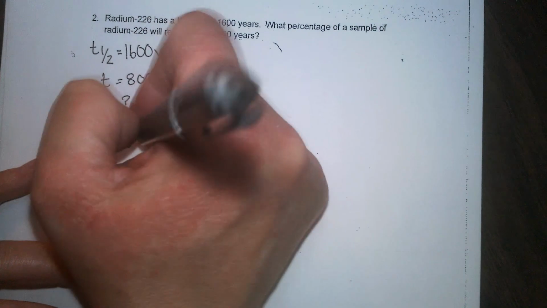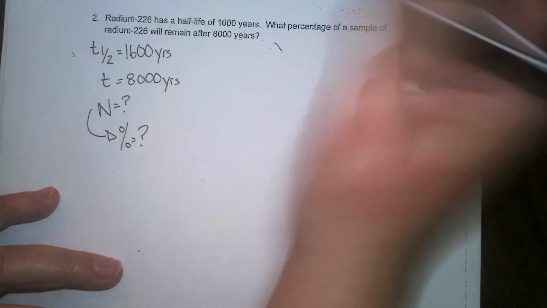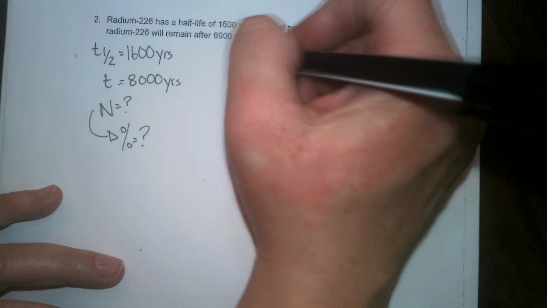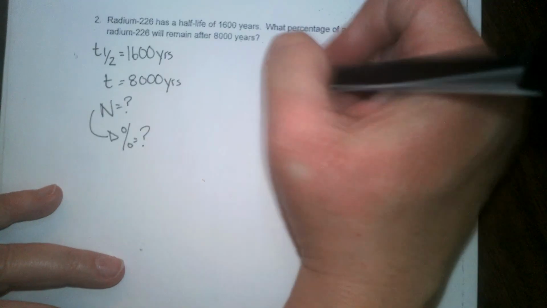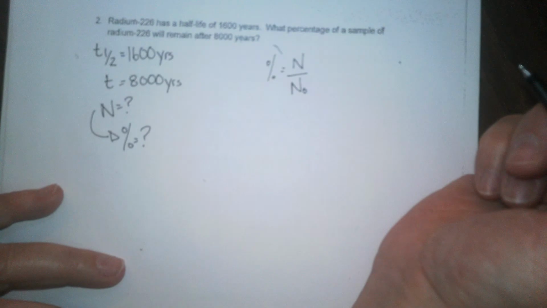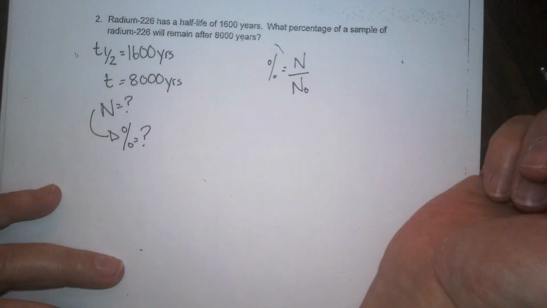So when we look at it, it's actually asking us a percentage. So I'm going to do this instead. When we're looking at percentages, percentage is what's remaining over what we started with. Okay?